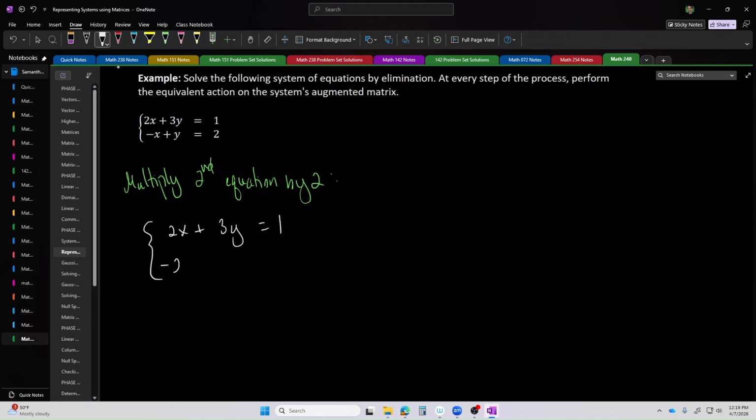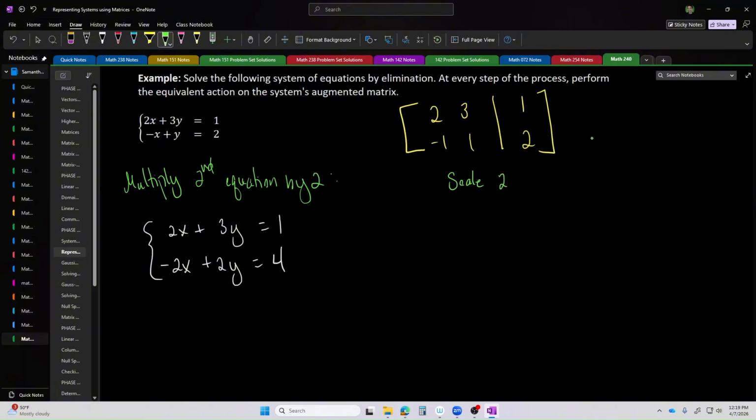And that turned my second equation into 2x plus 2y equals 4. Now, meanwhile, the augmented matrix for this system is the matrix 2, 3, bar 1, negative 1, 1, bar 2. And if I think about the corresponding action as being performed on this augmented matrix, the corresponding action would be to scale the second row by 2.